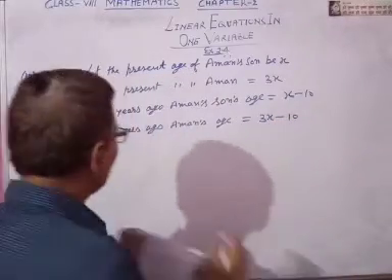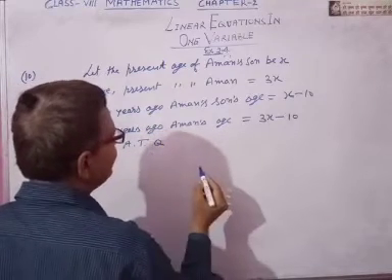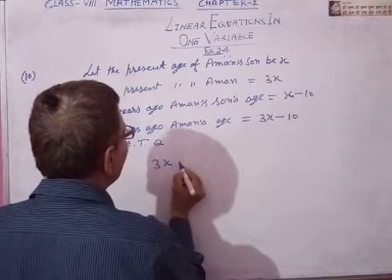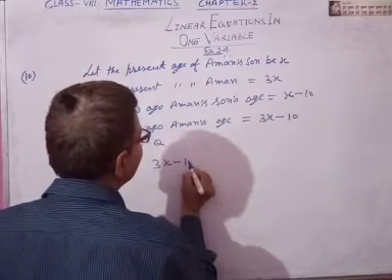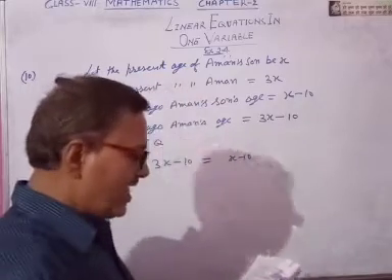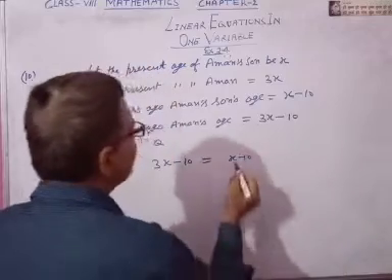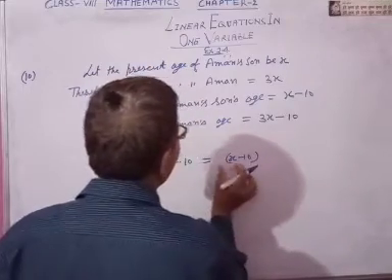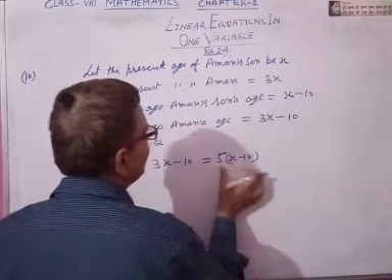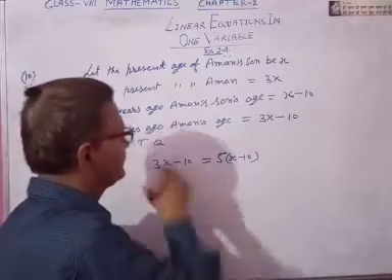Now the condition is this, according to the question: 10 years ago Aman was 5 times his son's age. So 5 times his son's age will be equal.